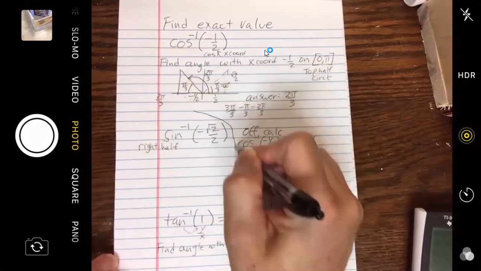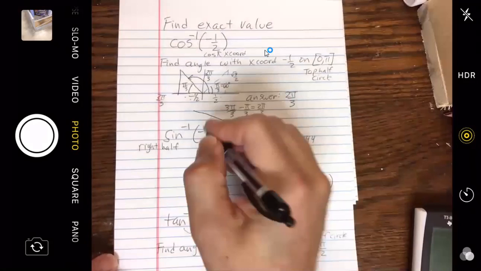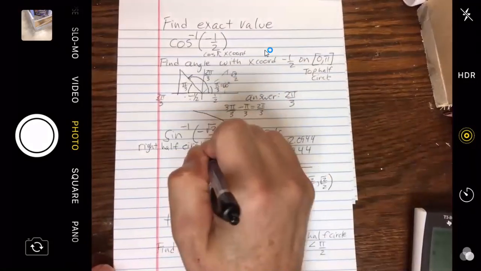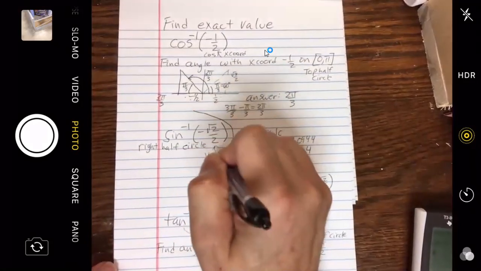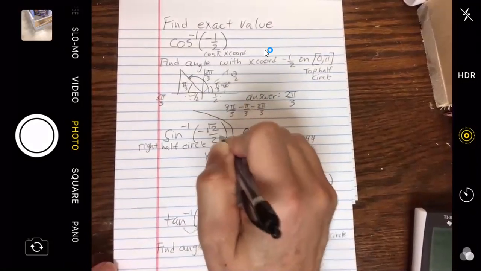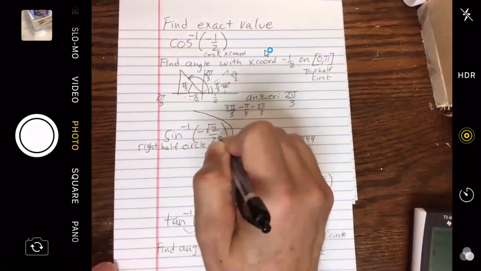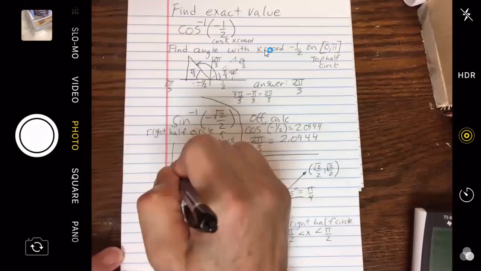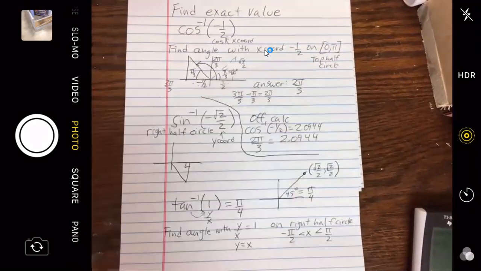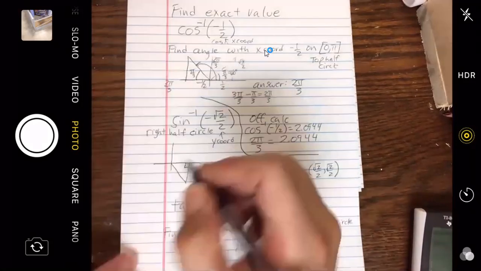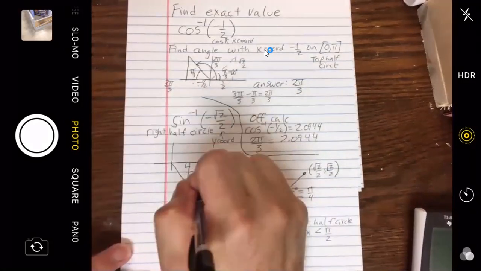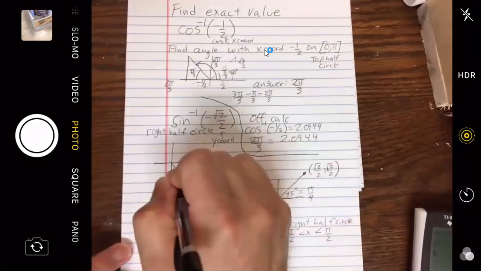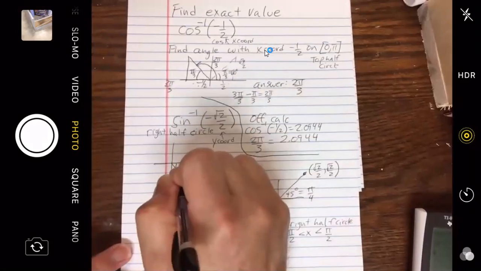Let me separate this. So you're looking for a y coordinate of negative root 2 over 2. So that's going to be down here, negative root 2 over 2. And your reference is also going to be pi over 4.